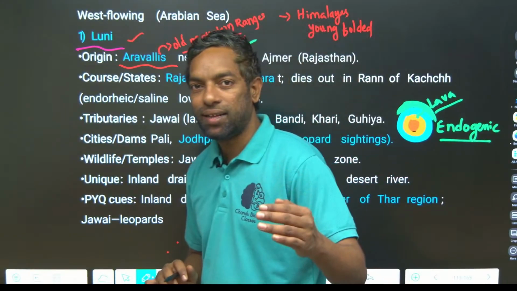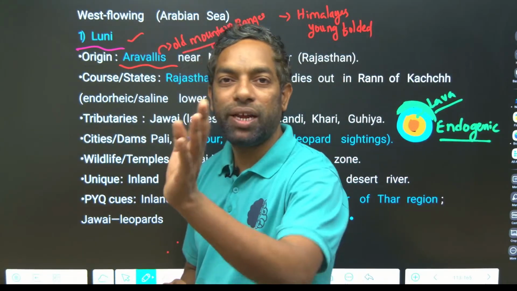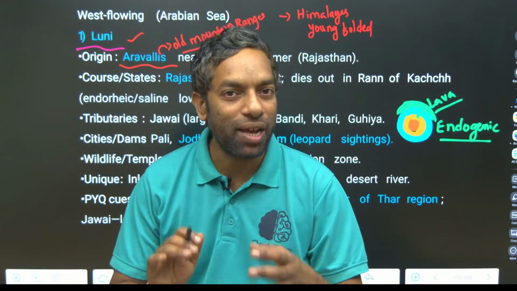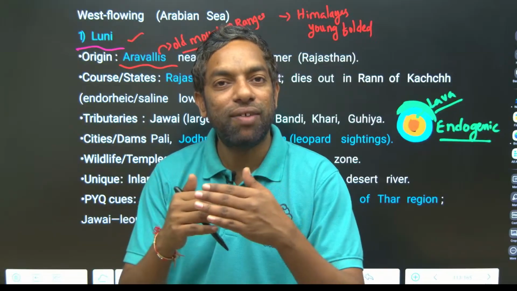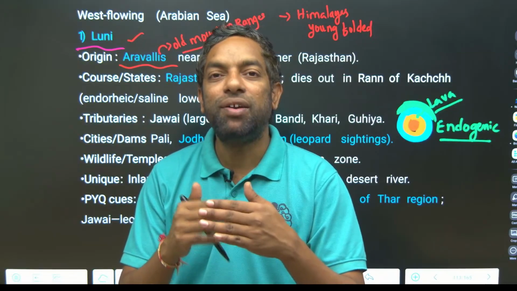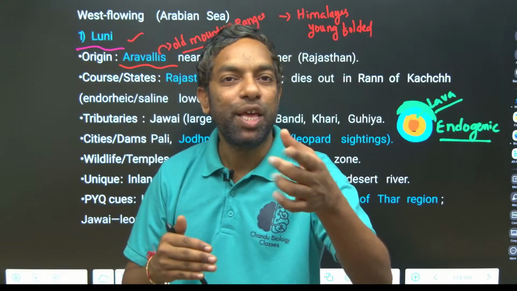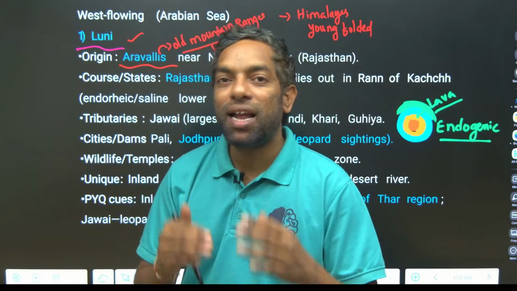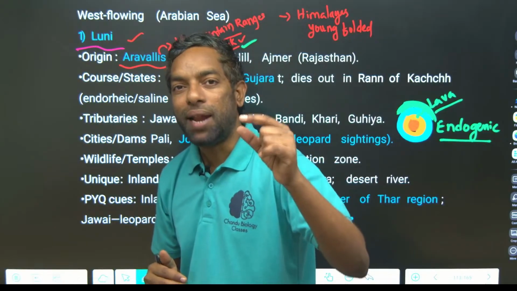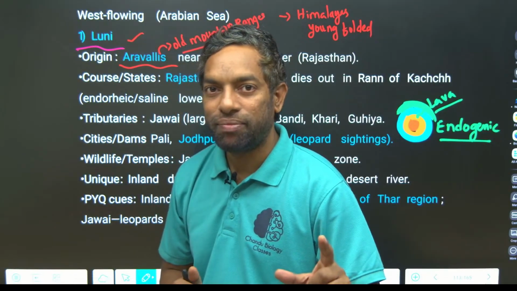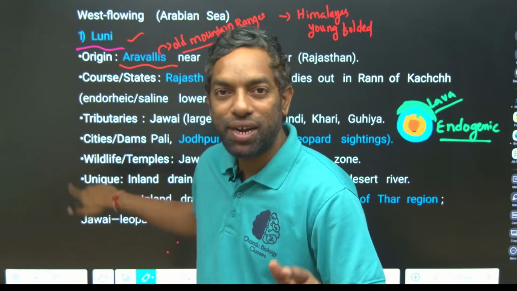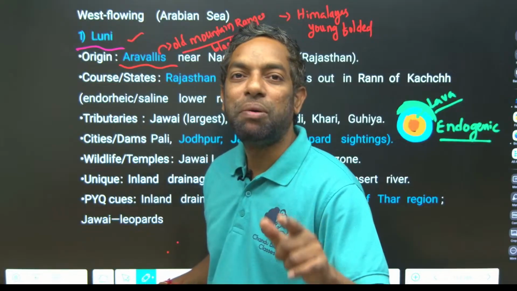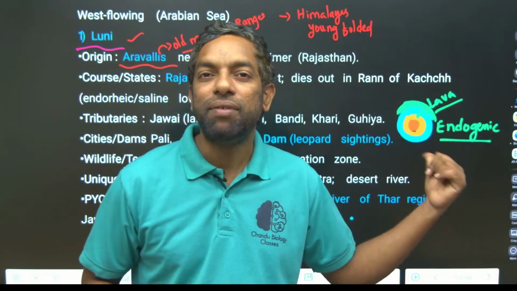Himalayas, unlike these, are formed by forceful plate tectonic activity, the convergence of two plates with the Eurasian plate, to form a hilly area called the Himalayas, that is a young fold mountain. Himalayas are formed by plate tectonic activity, but Aravallis, the old block mountains, are formed by endogenic forces.